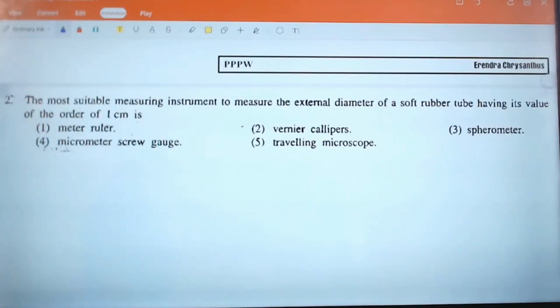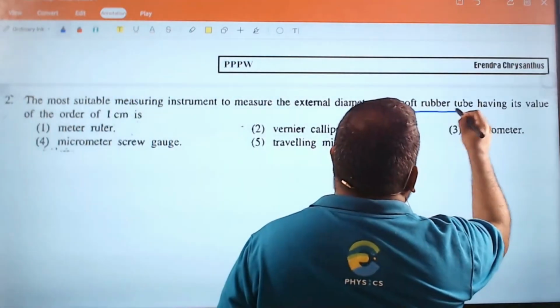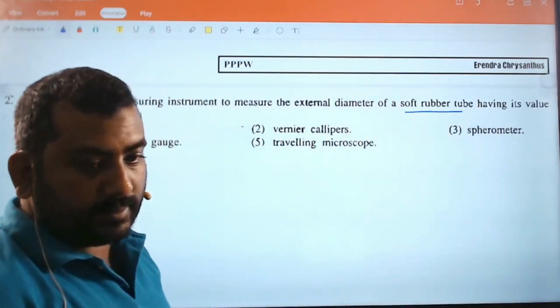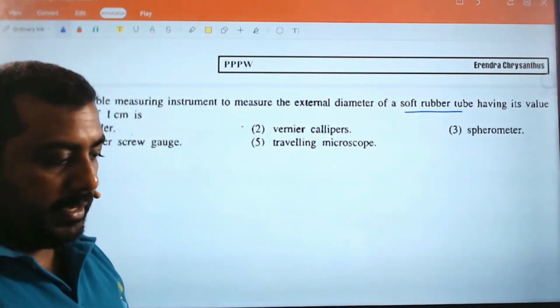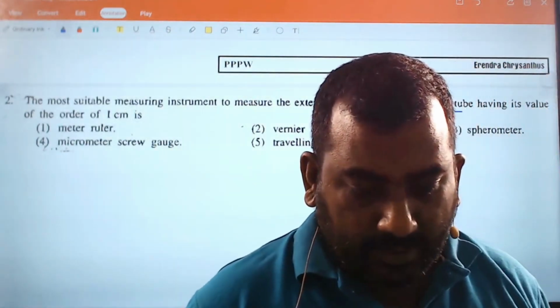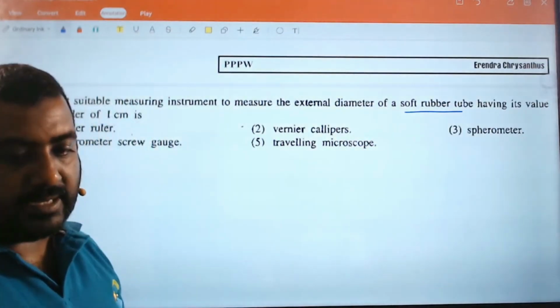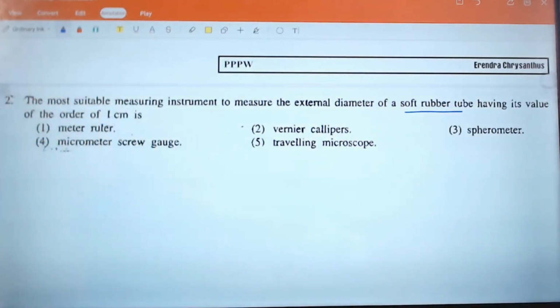Right, moving on. The most appropriate instrument to measure the external diameter of a soft rubber tube. So what are your options?